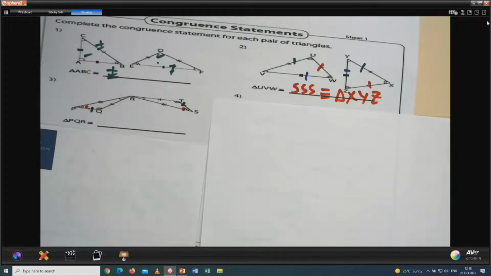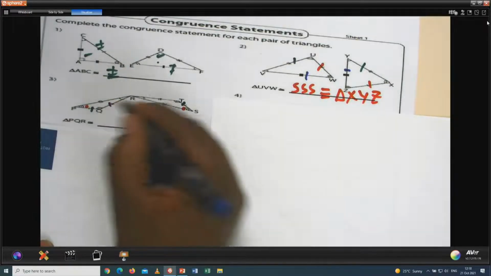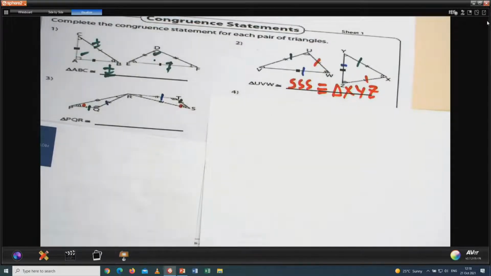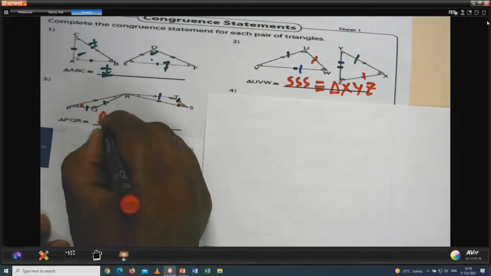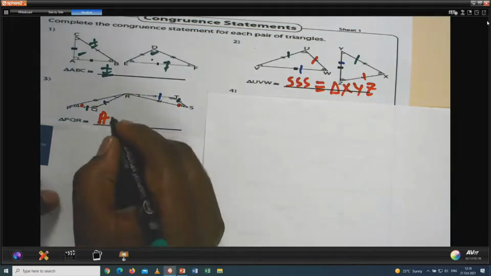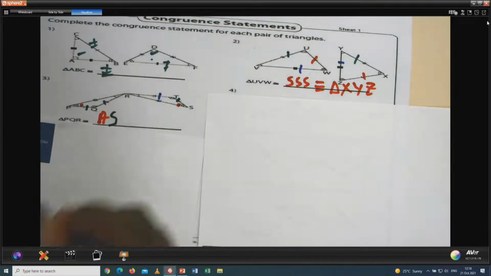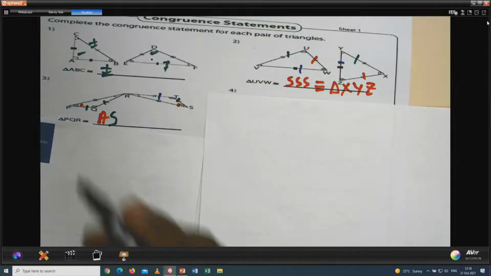Already what we have worked is angle, side, and a side.